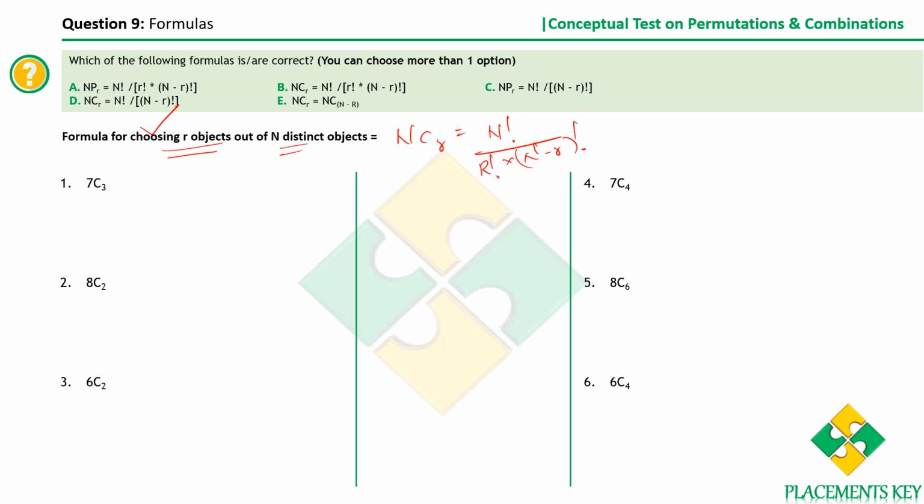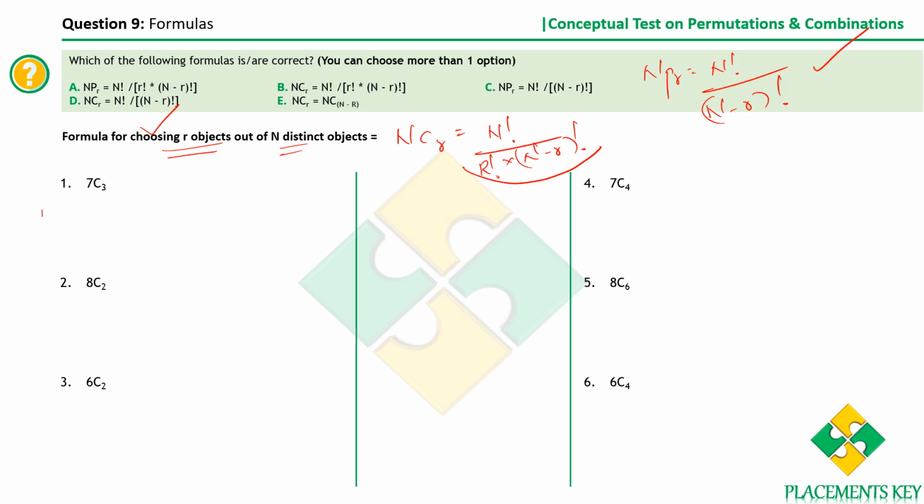It's not just (n minus r) factorial, we also have an r factorial here. If you remember, what was permutation? It was nPr is equal to n factorial by only (n minus r) factorial, isn't it? But here we also have an r factorial in the denominator.